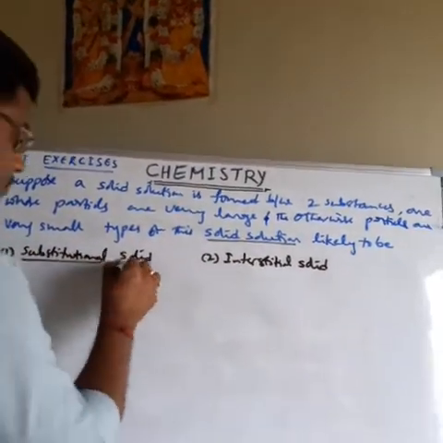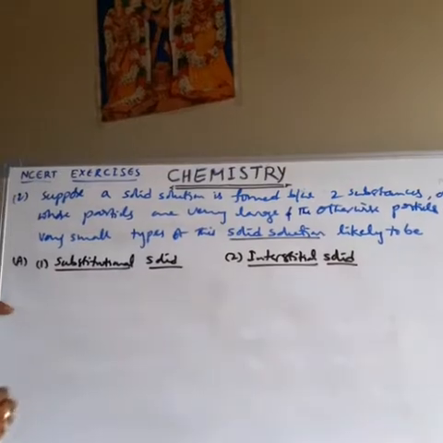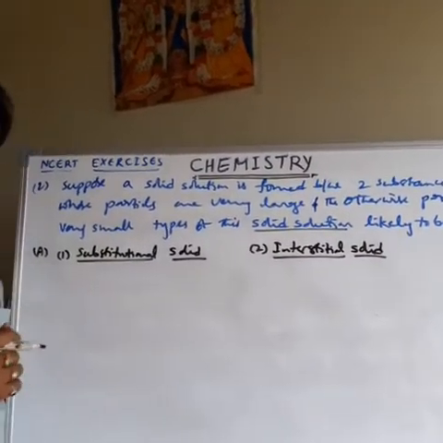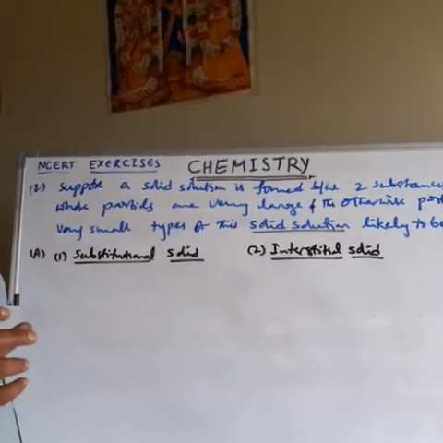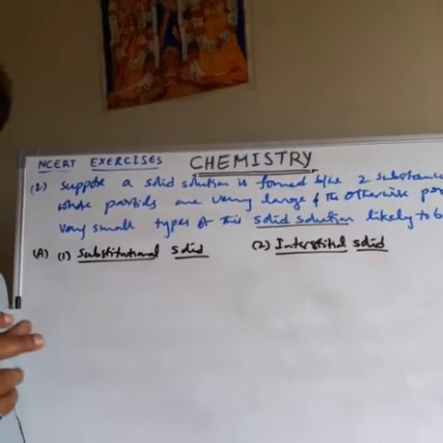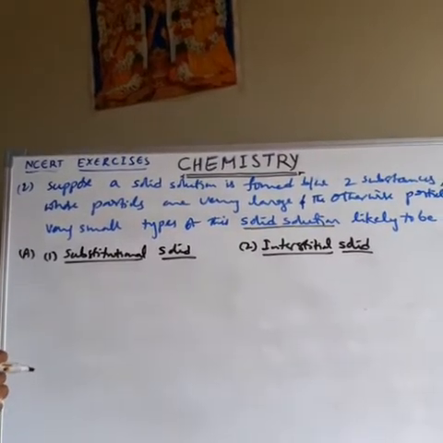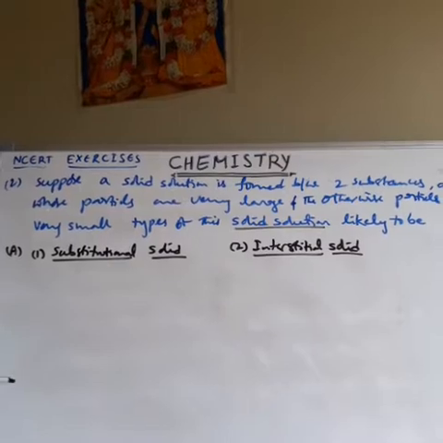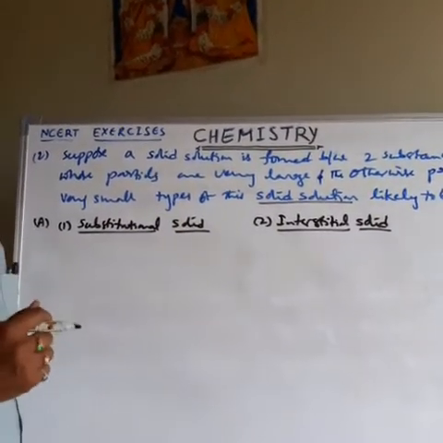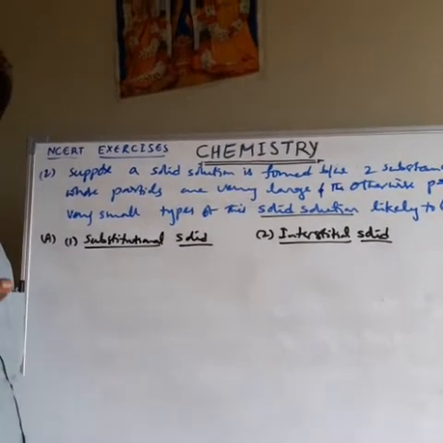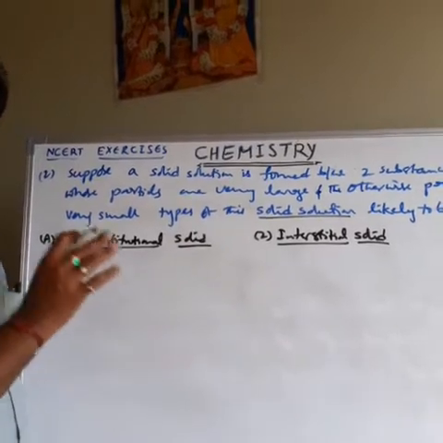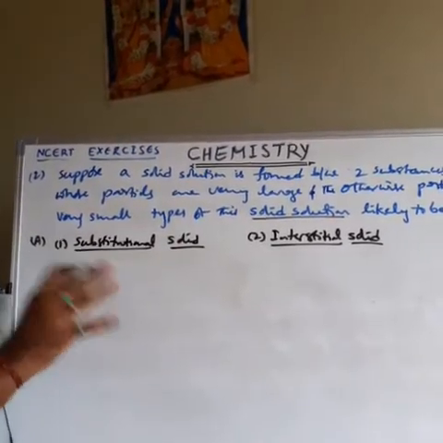First, what are substitutional solids? Substitutional solids means that in the solid lattice, the solvent particles are replaced by the solute particles. That is called substitutional solids. Once again, the solid lattice in which solvent particles are replaced by solute particles, because the solute and solvent have a similar size, similar radius.